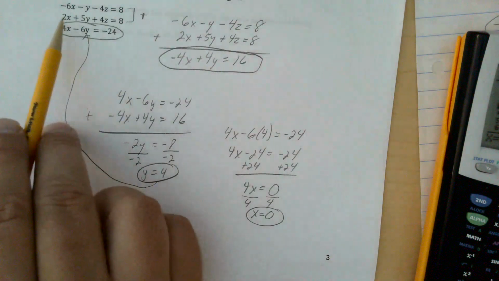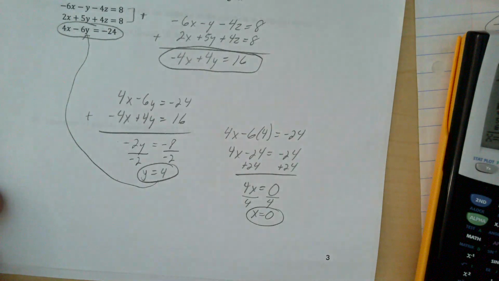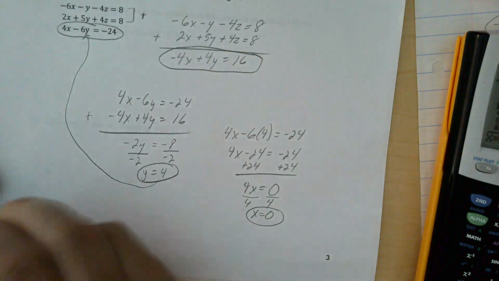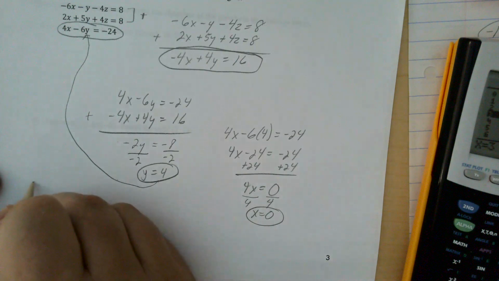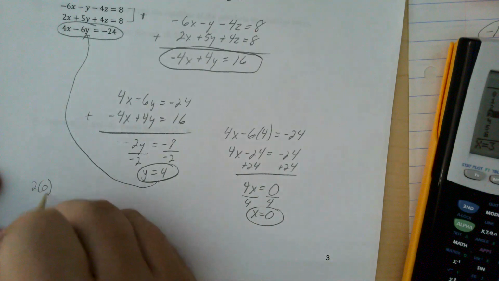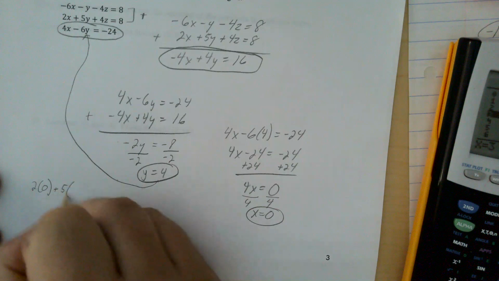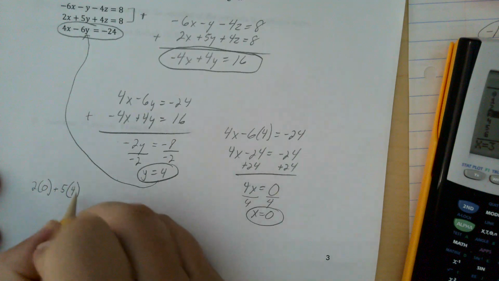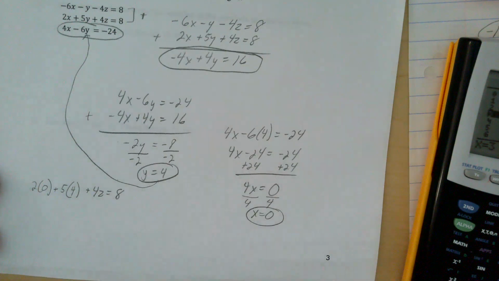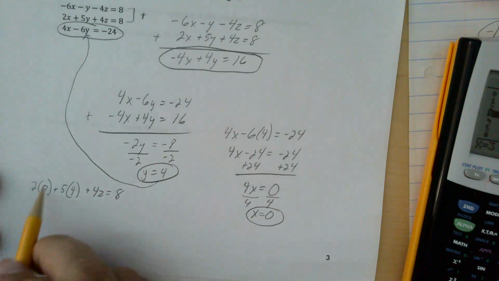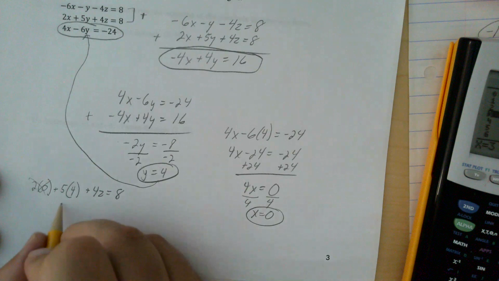So I have two choices. I can plug it into the top. I can plug it into the middle. I'll plug it into the middle. So I'll show the work right here. I have 2 times 0 plus 5 times 4 plus 4z equals 8. Okay? This is just 0. That cancels out.